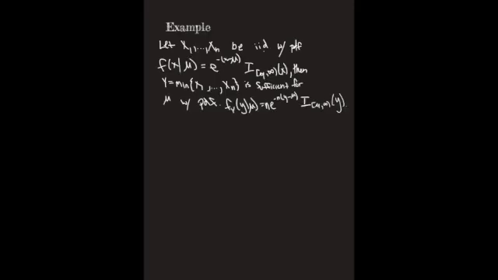So let X1 to Xn be IID with a PDF of this. Then Y, the minimum of X1 all the way to Xn, is sufficient for mu and has a PDF of this. Also, we're going to let T equal Y minus mu, and this is our pivot, and it's also our PDF. Thus, we get this.